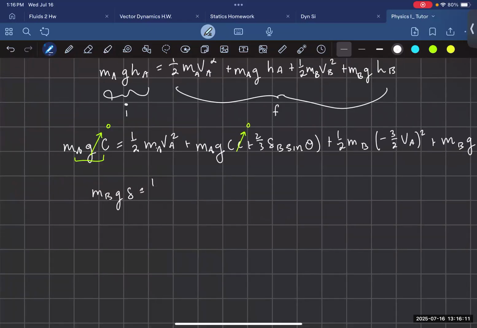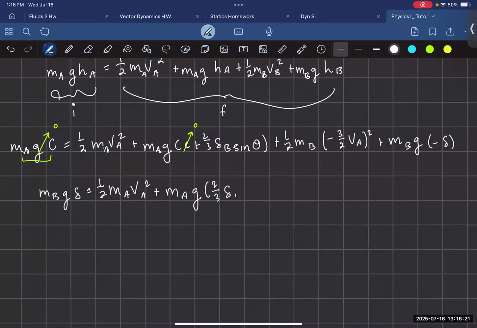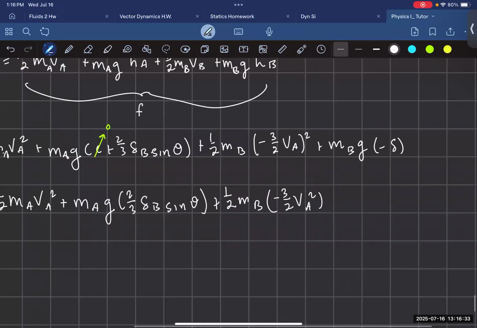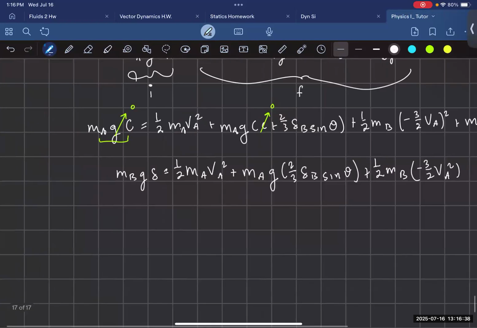delta is equal to 1/2 MA VA squared plus MAg times 2/3 delta B sine theta, plus 1/2 MB negative 3/2 VA squared. Remember, we moved this term over. And we are ready to plug in numbers.